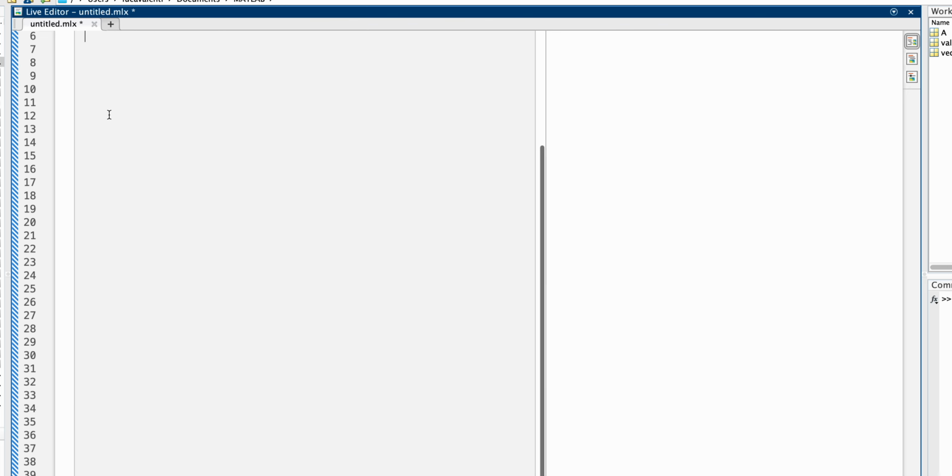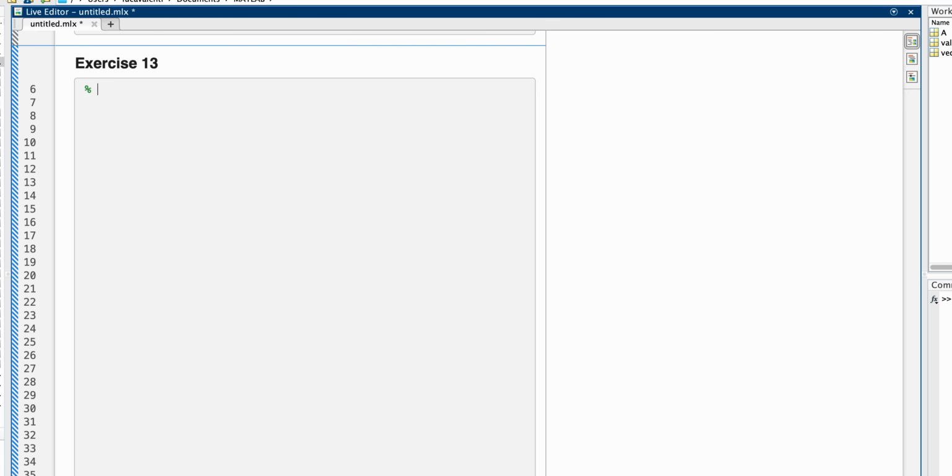So here, I'm going to say this is exercise actually 13. And I'm going to clear all previous variables, and you do that by writing clear all.